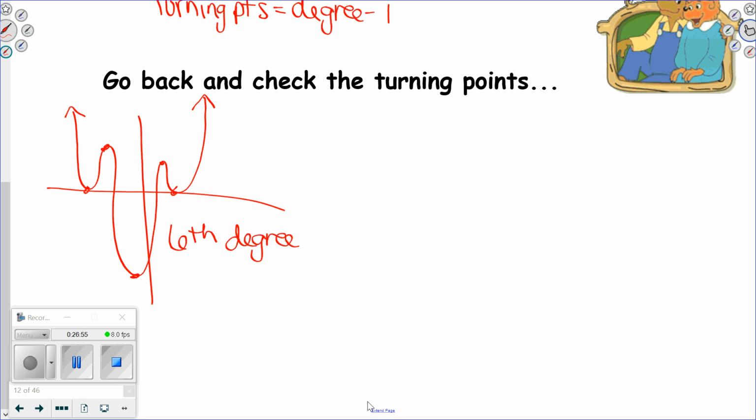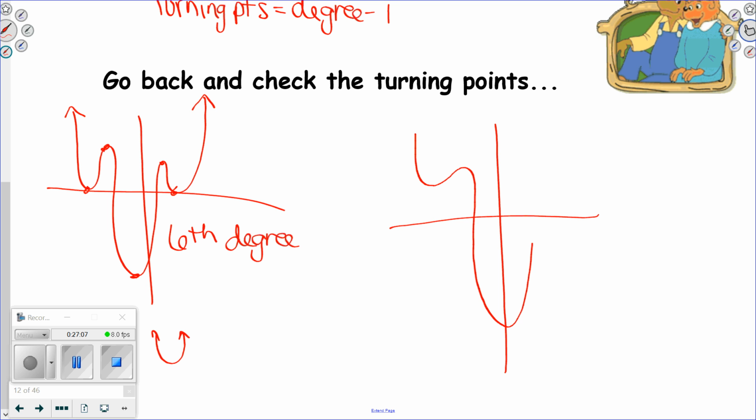Positive. Your ends are pointing up. So it's got a lot of curves in it, but its end behavior is that both of its ends are pointing up. Ooh, that should not have a point there. Sorry. Something goofy like that.